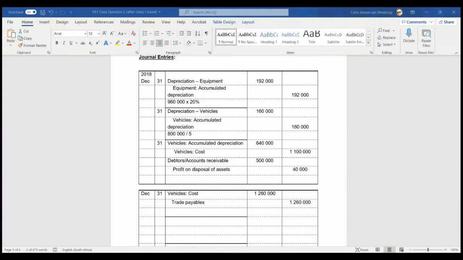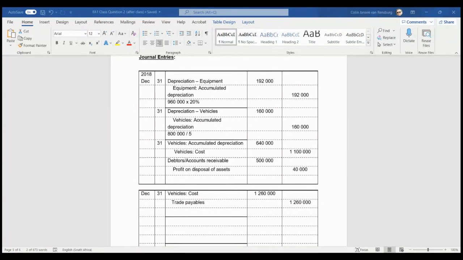In the second entry, the second leg affected accumulated depreciation on vehicles. In the third journal entry, the first leg affects the vehicles' accumulated depreciation. The second leg of the third entry affected the vehicles' cost account. The other two legs do not affect it, right?